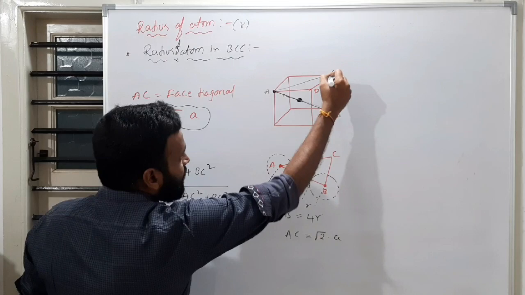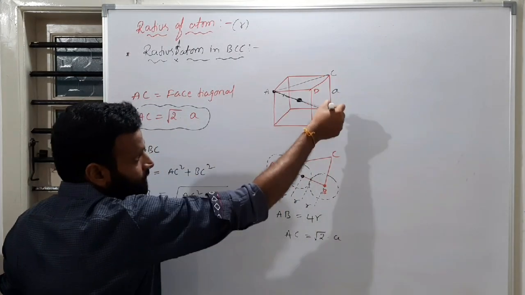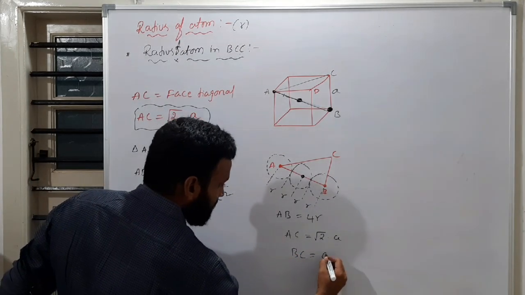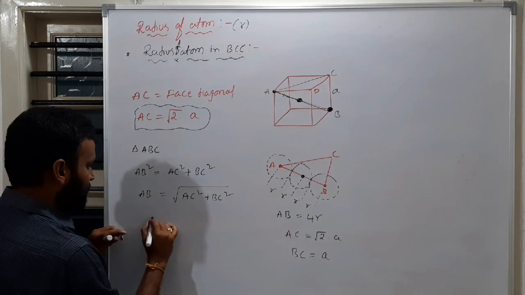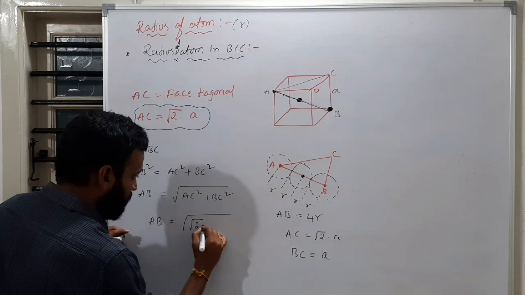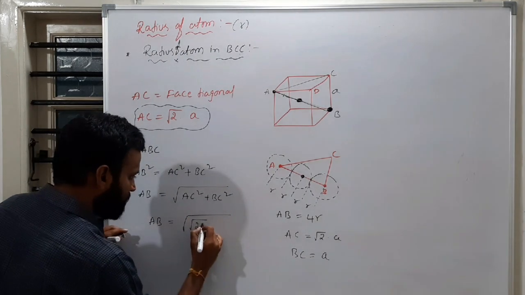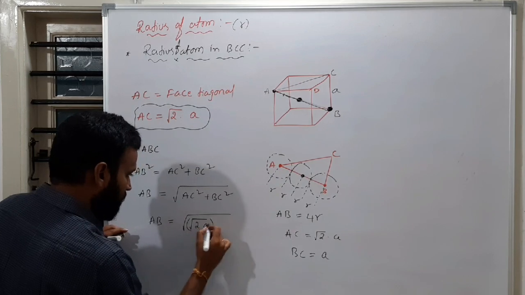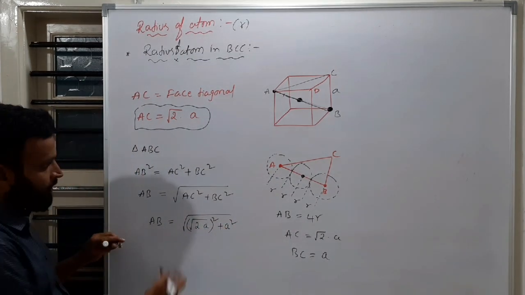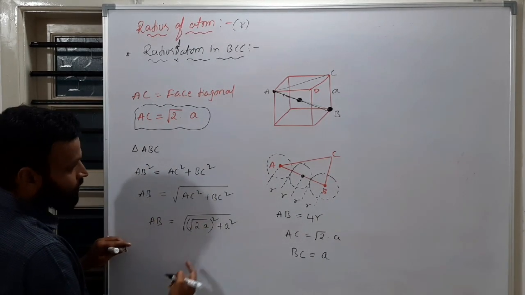What is BC? BC is one edge, so BC is simply A. So AB is equal to root of root 2A whole square plus A square, because AC is root 2A.